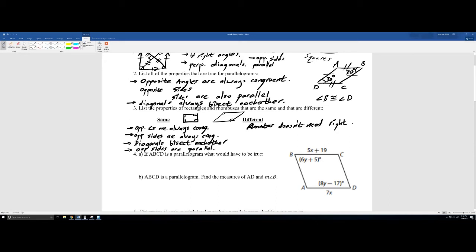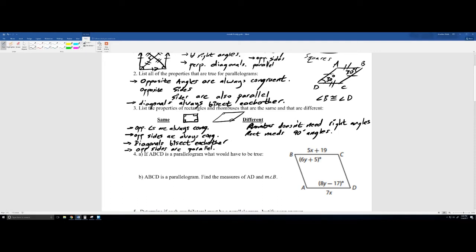It's more flexible. A rectangle has to have 90-degree angles. And remember, sometimes for a rectangle all four sides can be congruent, and that's where we would call it a square, which technically is a rectangle.